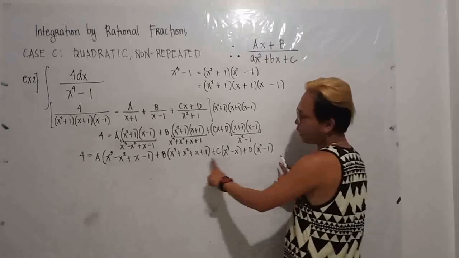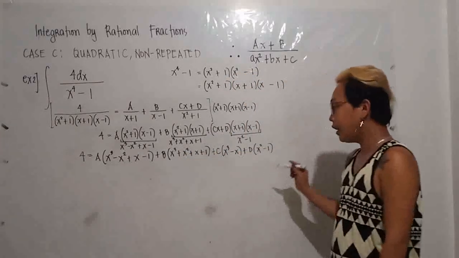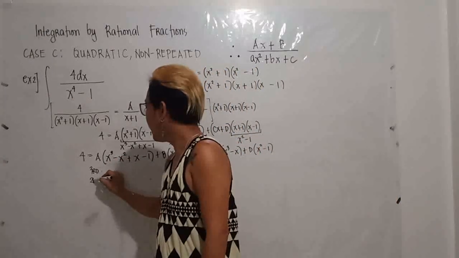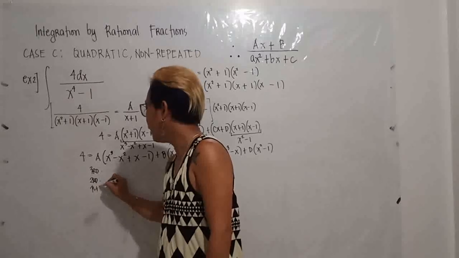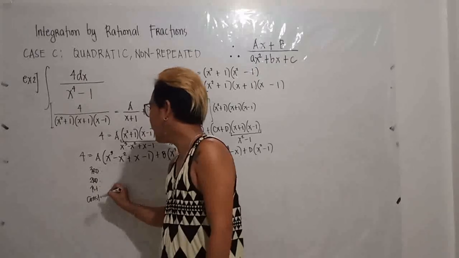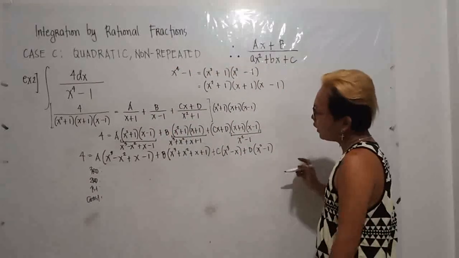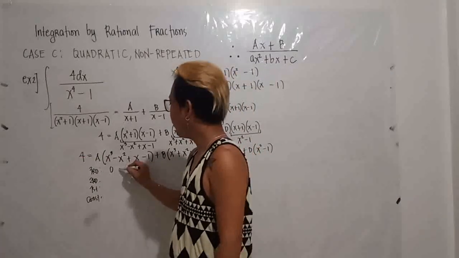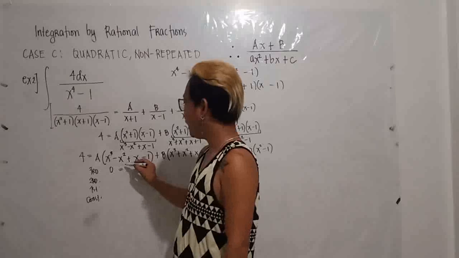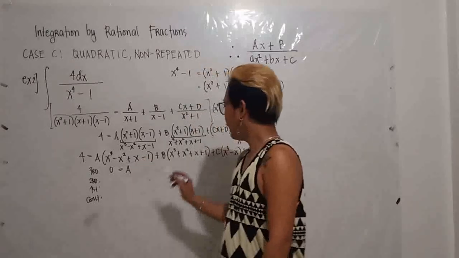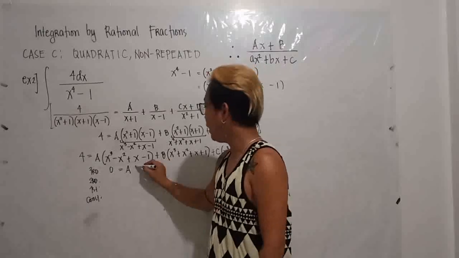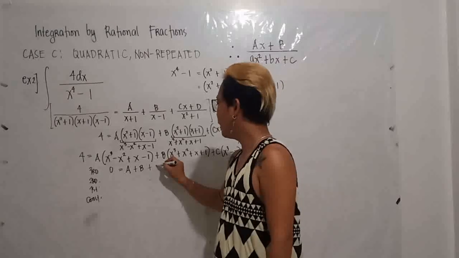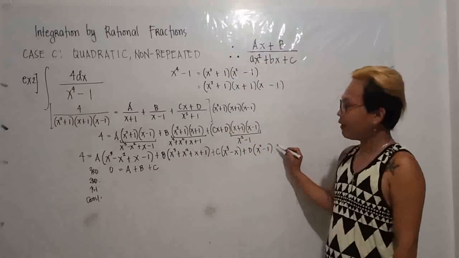Then analyzing the equation, identifying the highest degree, you will now have the third degree, followed by second, then first, then of course, the constant. So you will now have to identify each coefficient. The third degree here is 0, followed by third degree dito, that is A. Then the third degree here is B. Then the third degree here is C. Then pagdating kay D, we do not have the third degree.